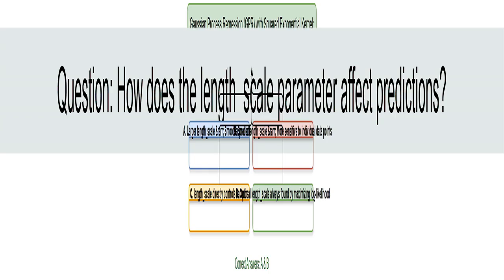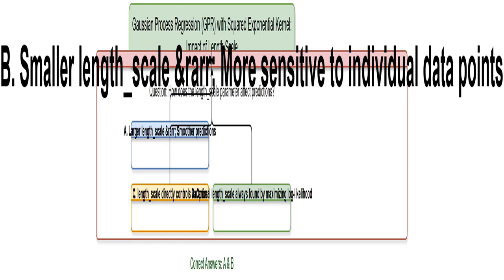Conversely, a smaller length_scale leads to a model that pays more attention to the individual data points and creates a less smooth prediction. Think of it like drawing a line through points. A large length_scale is like using a broad, smooth brush, while a small length_scale is more like using a sharp pencil. I'm going to show you why this is false.